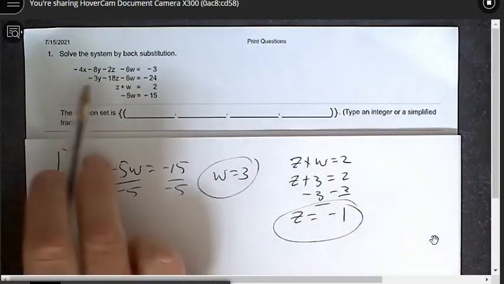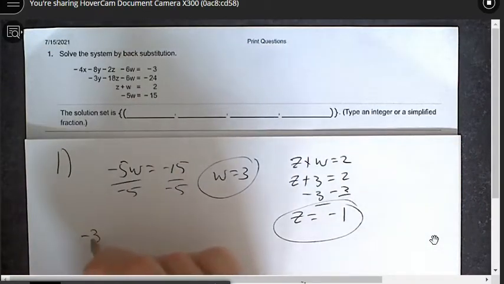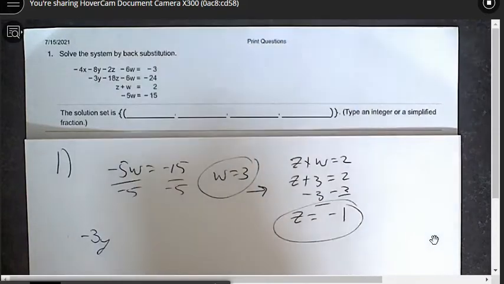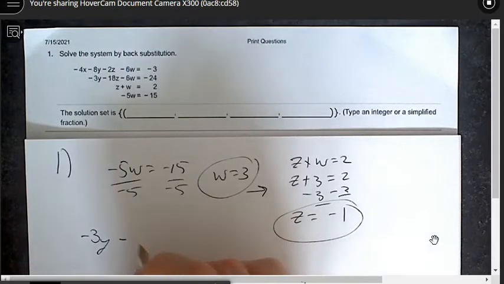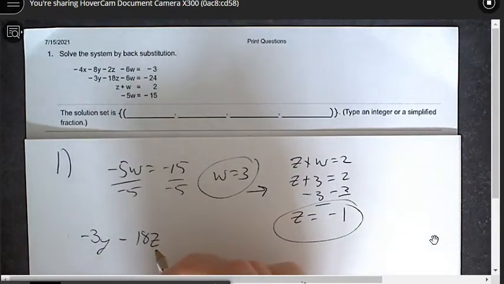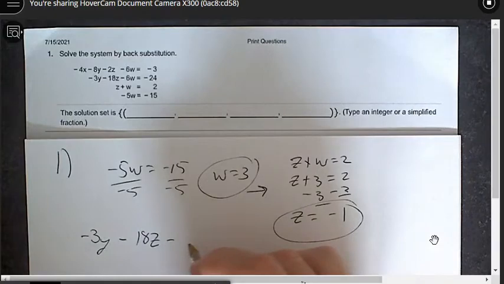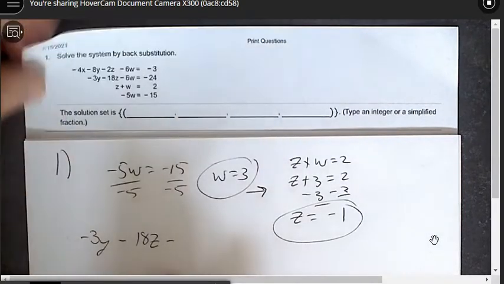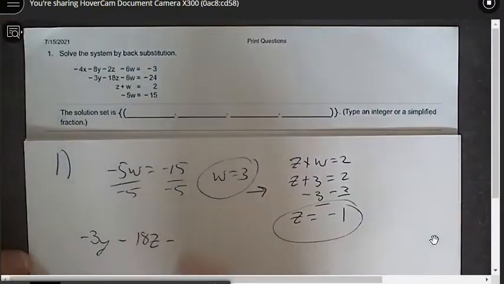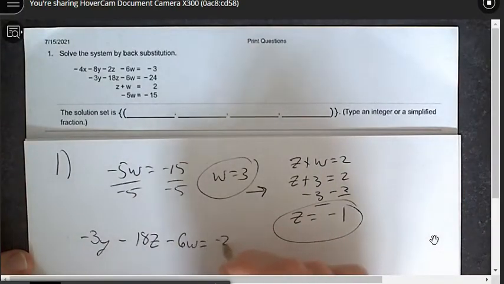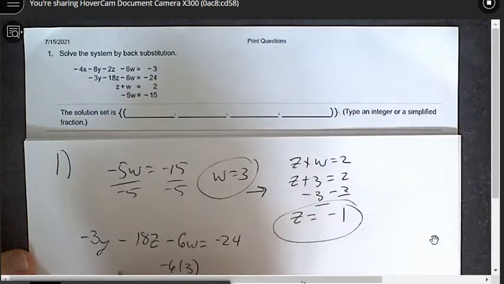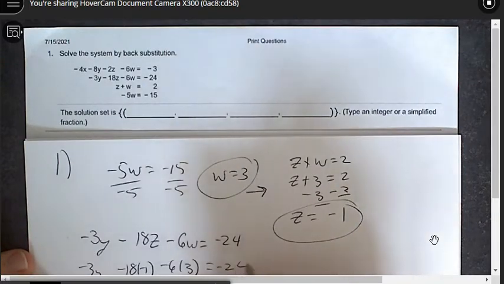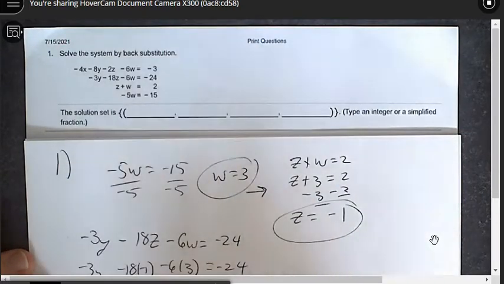And then using those two values, we can go into the next equation that's here. So negative 3y minus 18z minus 6w equals negative 24. So the w is equal to 3. The z is equal to negative 1. And we'll solve that one out.